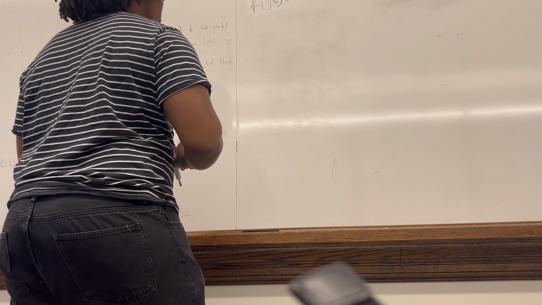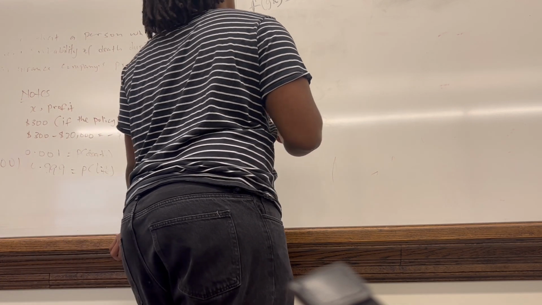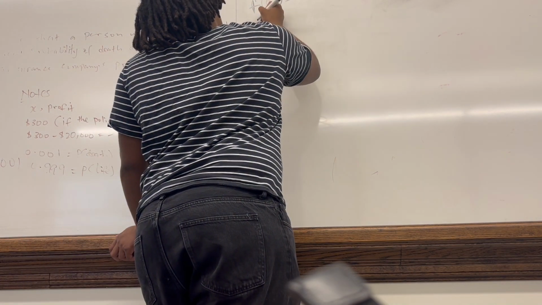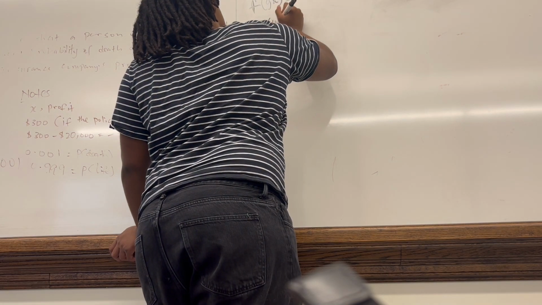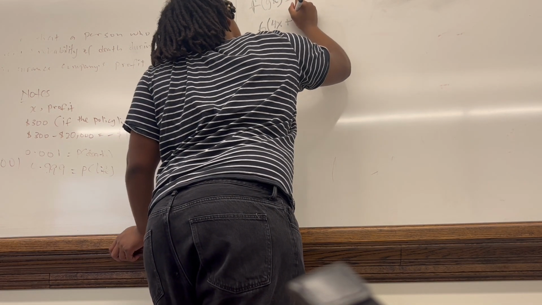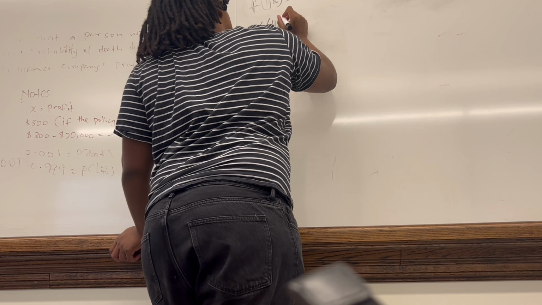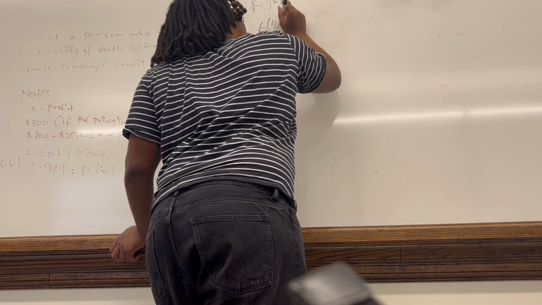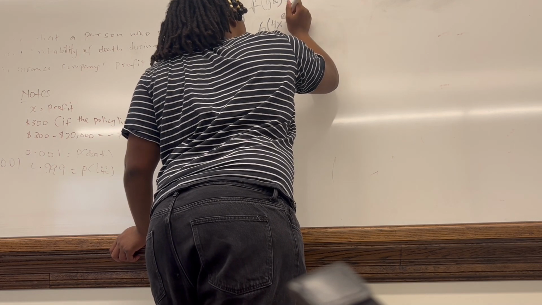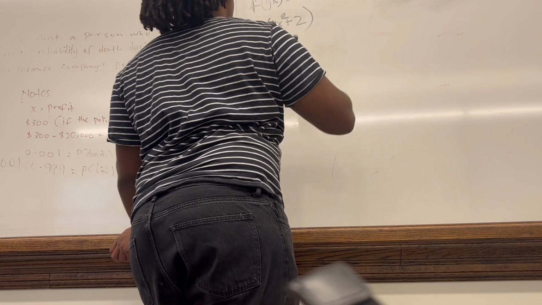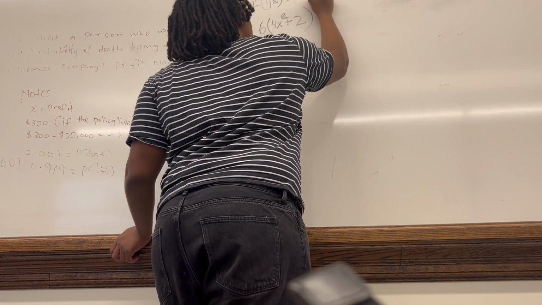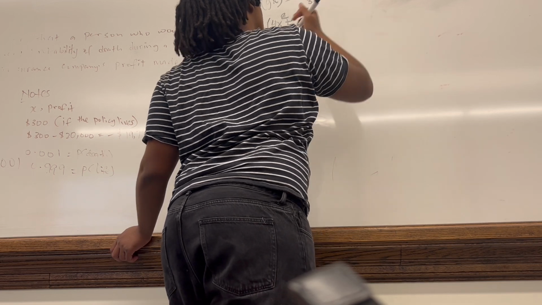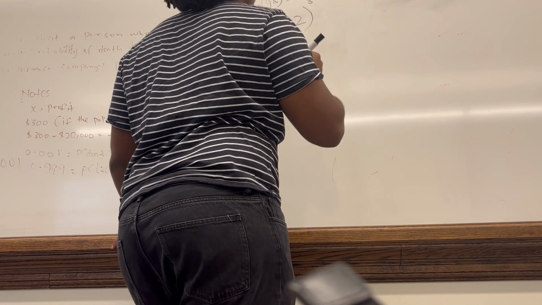Let's say there's something in front of the original problem. Say you had 6 times 4x squared plus 2, and we have this to the power of 3. So it's very simple still.